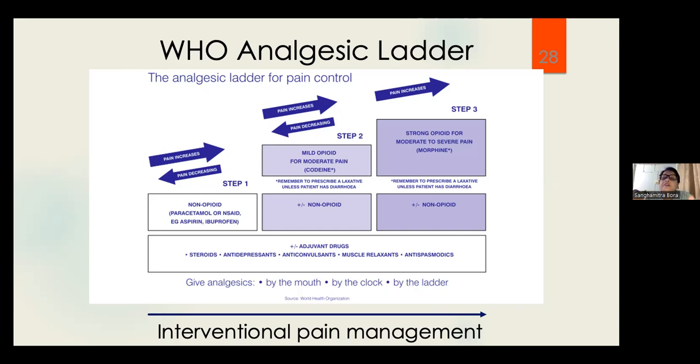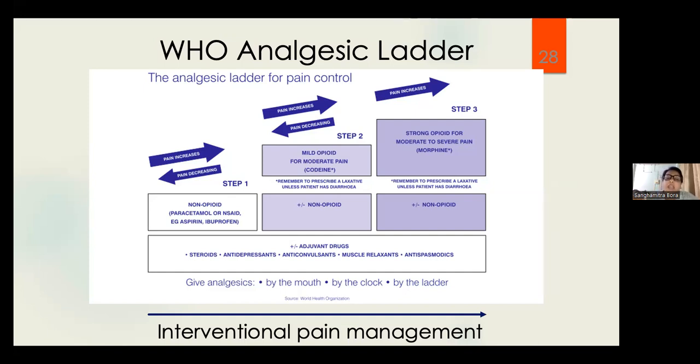And step 3 drugs are strong opioids for moderate to severe pain, and they are morphine, fentanyl, etc. But always remember that you must not combine a mild opioid with a strong opioid. There's no point using that. Step 2 and step 3 medications must not be combined for any kind of pain treatment. But step 2 and step 1 can be combined. Step 3 and step 1 can be combined.